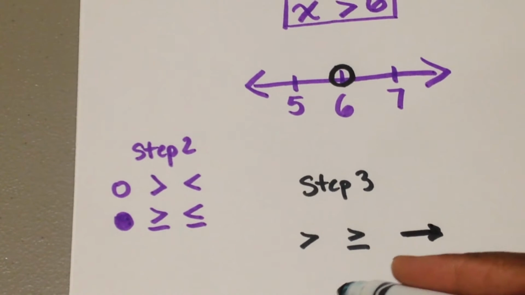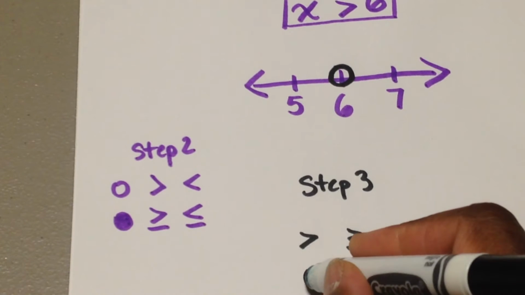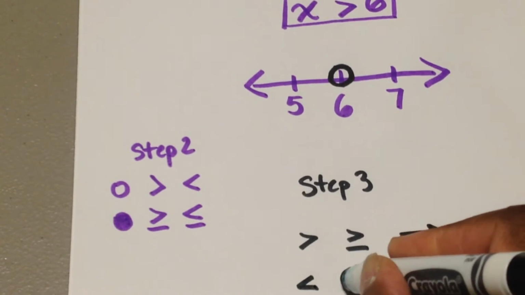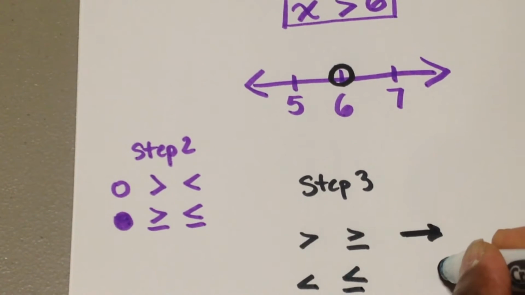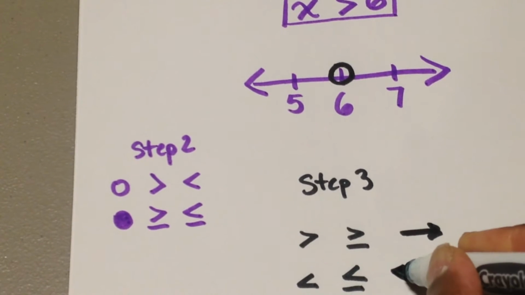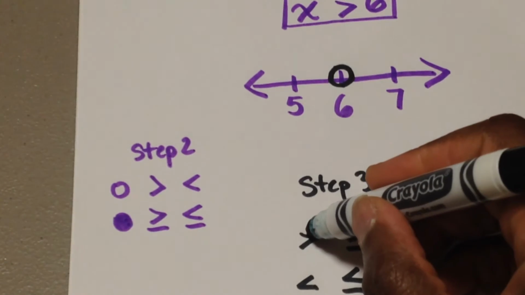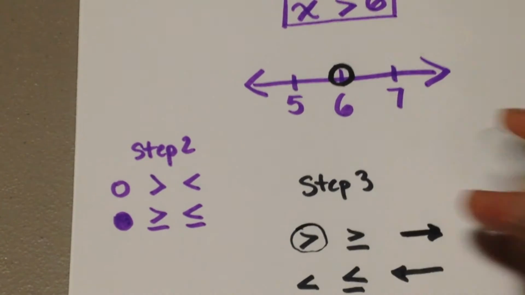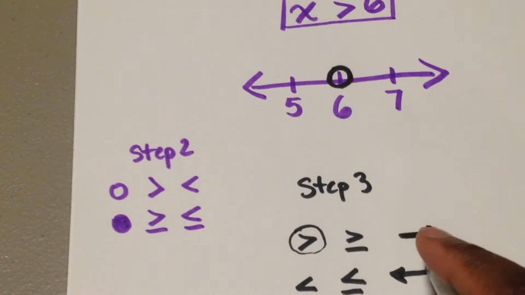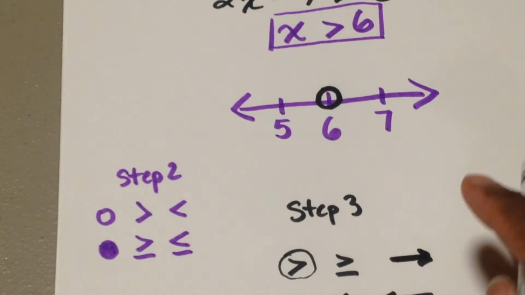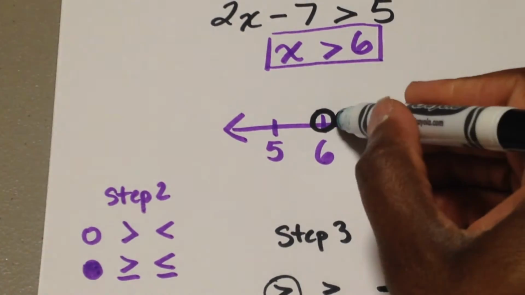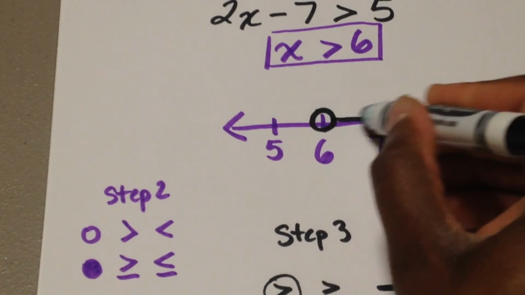However, if it was a less than or less than or equal to symbol, then my arrow will go in the other direction. Since we're using the greater than symbol and it's going to my right, let's go back to the number line. I'm going to make this move.